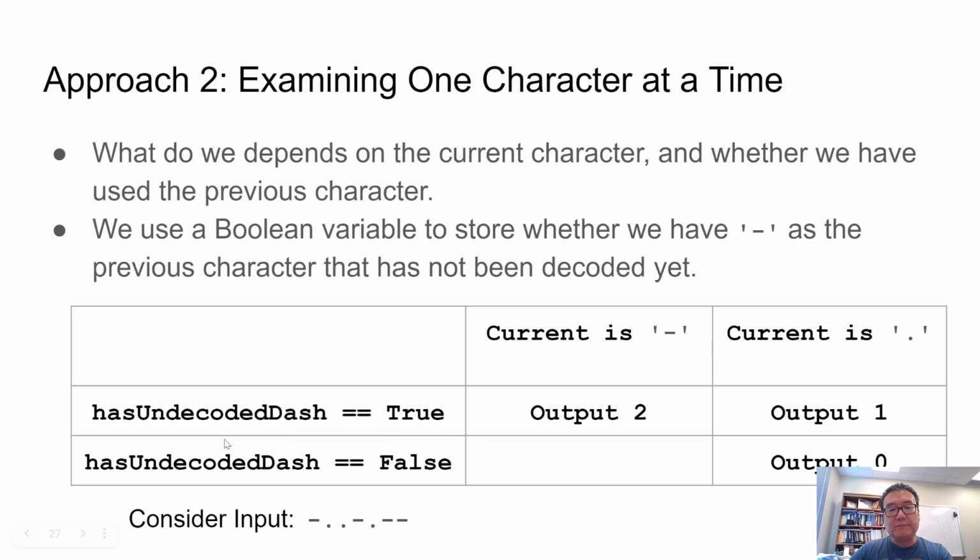One is the state we'll be maintaining. The other is the current character. Of course, we also need to update this state when needed. In particular, for these two cases, we should also set has undecoded dash to false. And for this blank cell here, we should set has undecoded dash to true.